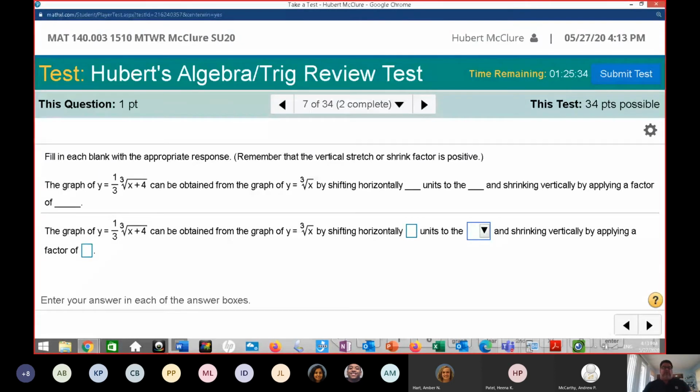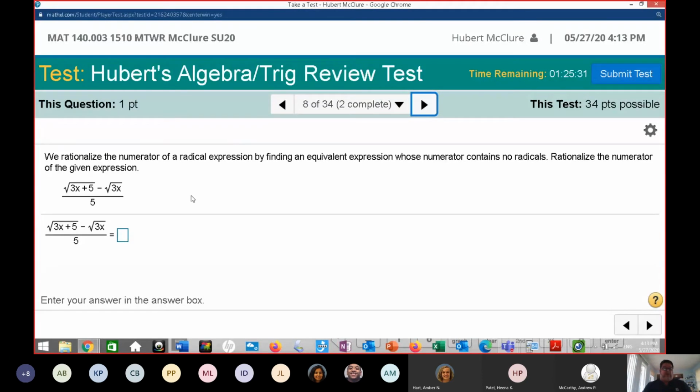Rationalize the numerator. If you want to try that over the weekend and write it down and send it to me, I'll do it Monday, or not the weekend. If you want me to do it Thursday, write it down and I'll do it. But I can tell you right now, that's going to be the square root of 3x plus 5 plus the square root of 3x.